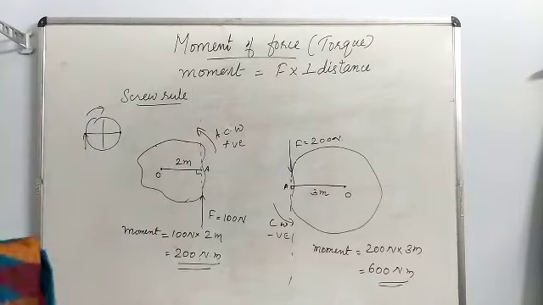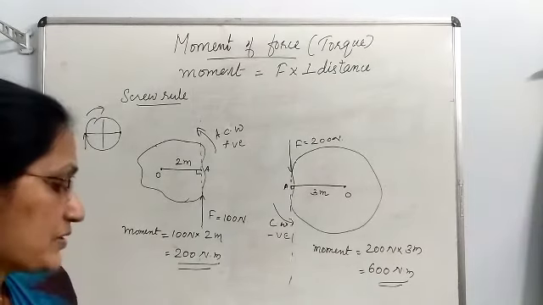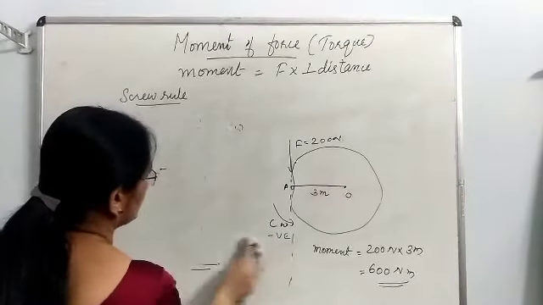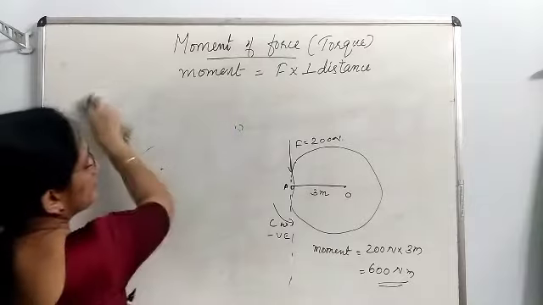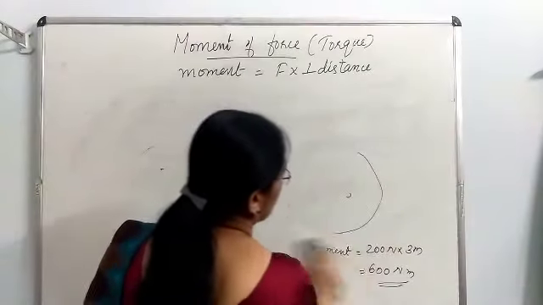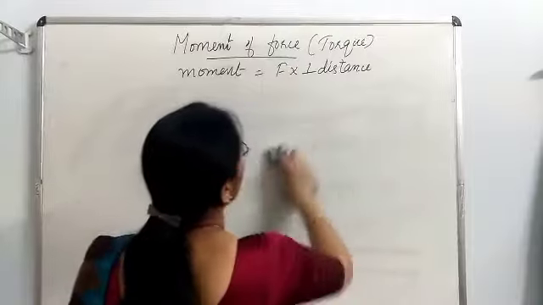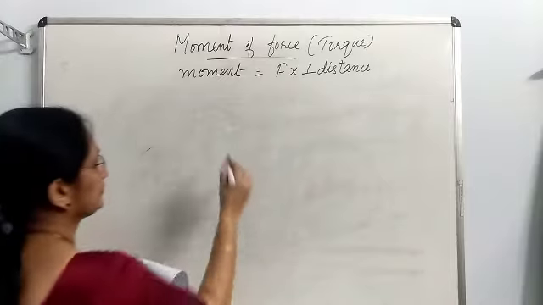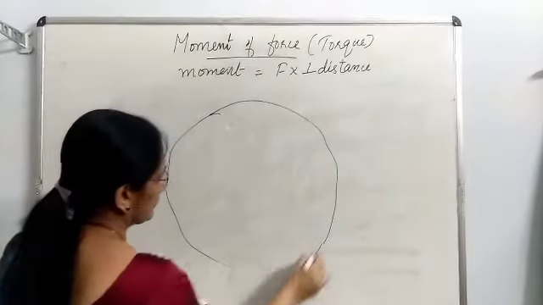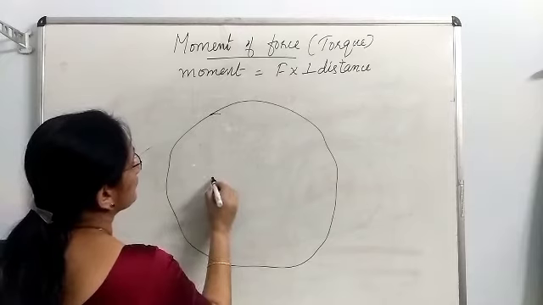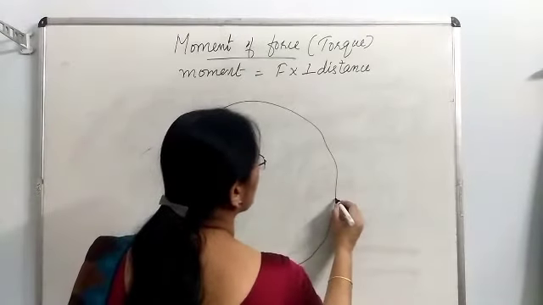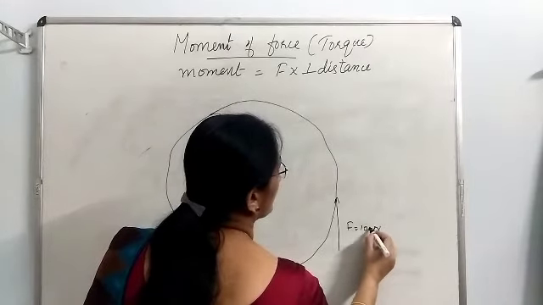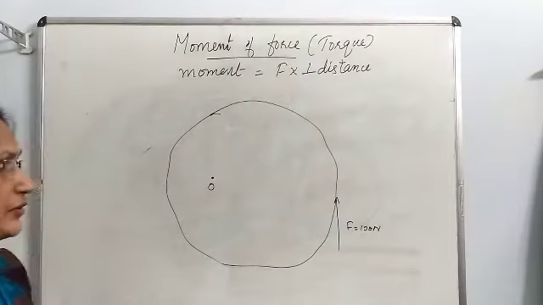Now let us see some more points regarding this moment. Force of 100 Newton is applied on a pivoted body.